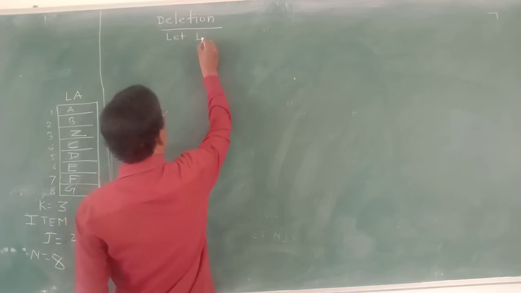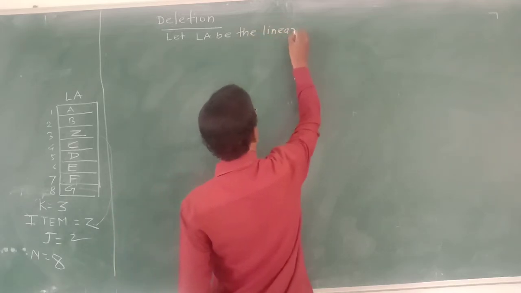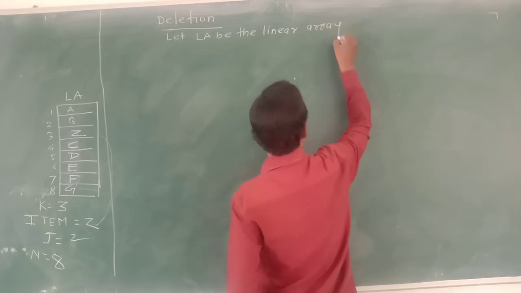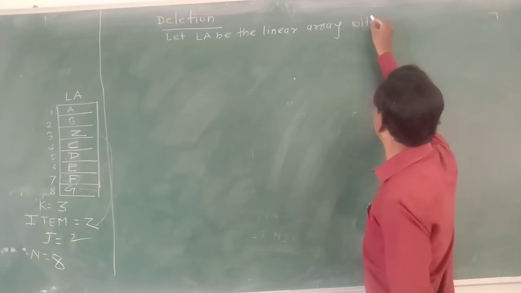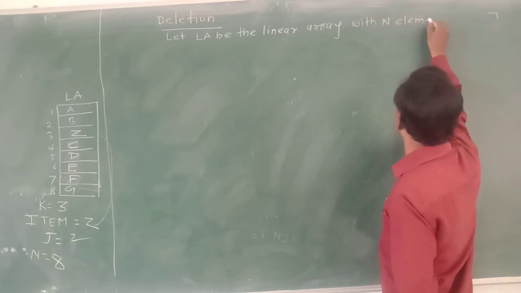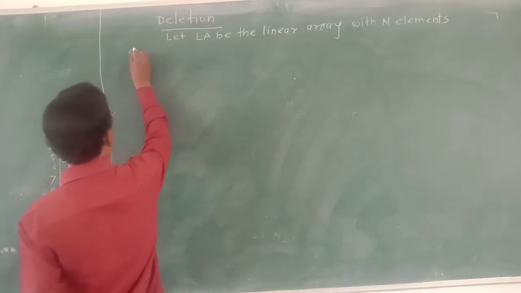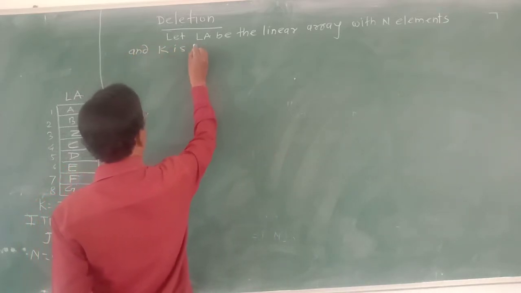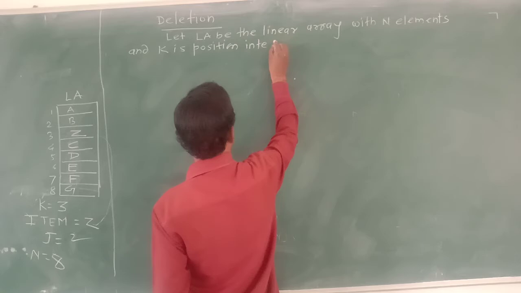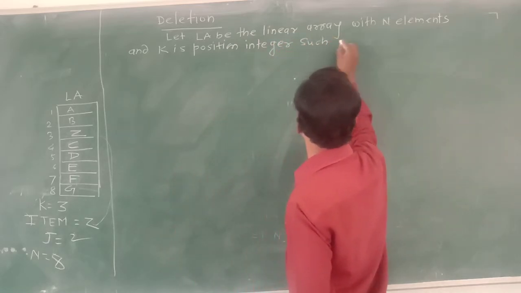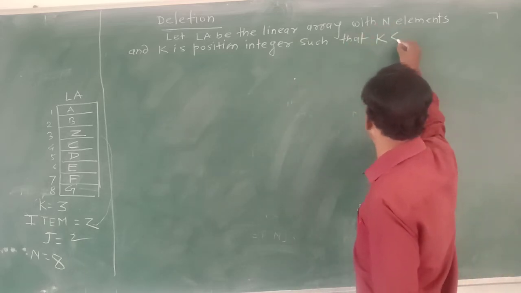Let LA be the linear array with n elements, and k is a positive integer so that k is smaller than or equal to n.